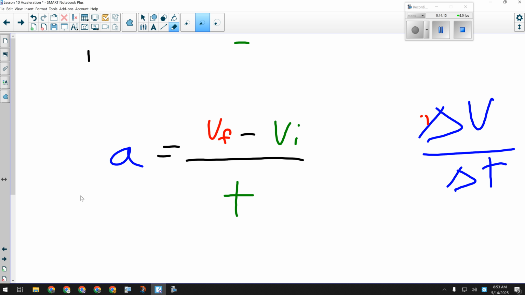Okay, let's look at the algebra of using this formula. Obviously it's already set up to solve for A, so if we needed to solve for A, we don't have to do anything to it. What if I wanted to solve for T? What should I move if I want to solve for T?